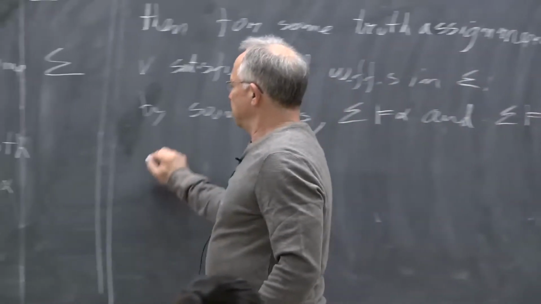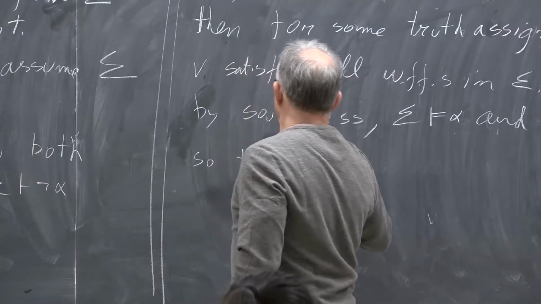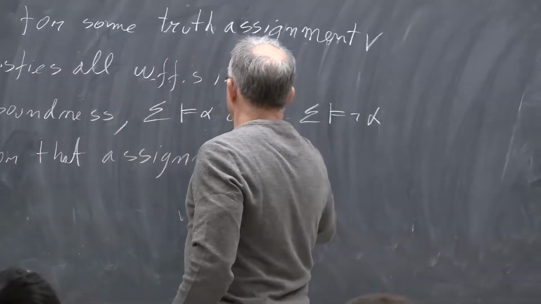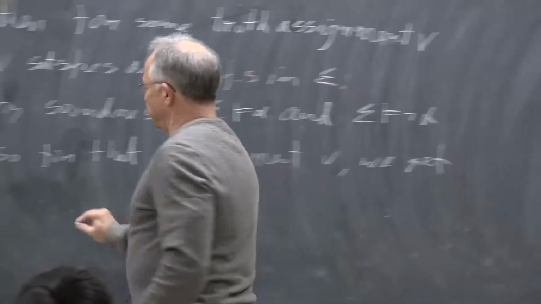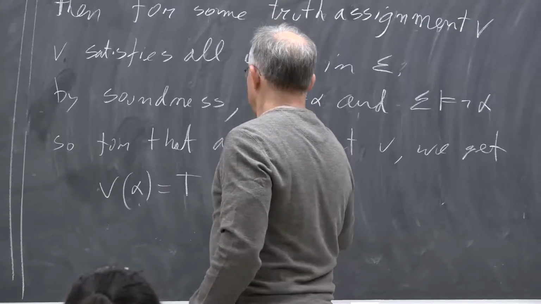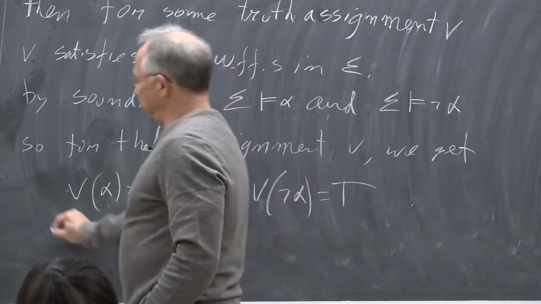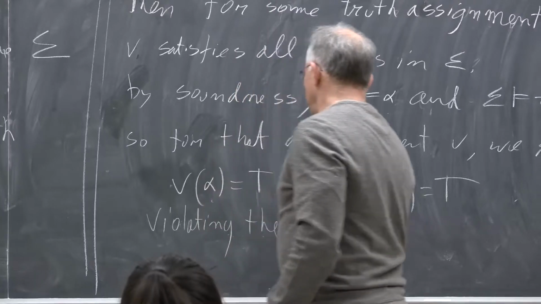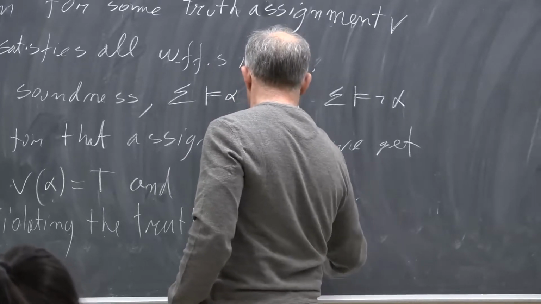So for that assignment V, we get V of alpha equals true and V of the negation of alpha equals true, violating the truth table of negation.